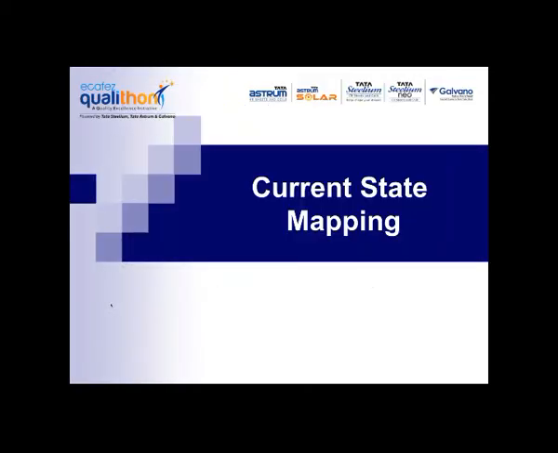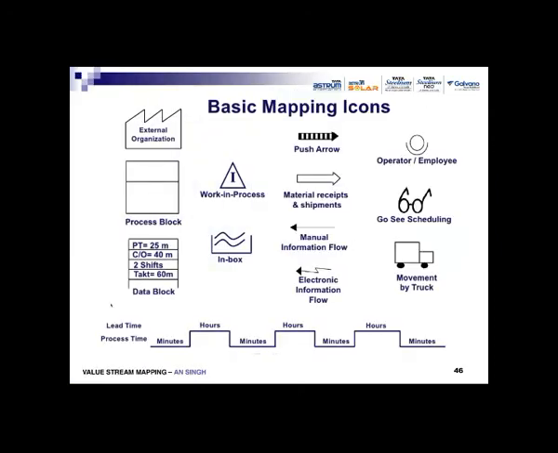Once all this data is collected, now we have to develop a current state map in a structured format. For developing the current state map, we are going to use these standard symbols or icons.